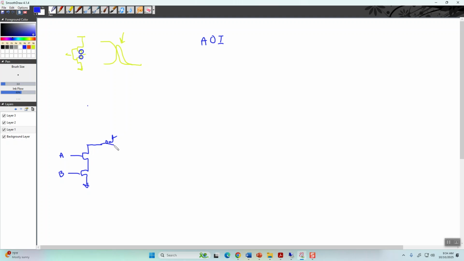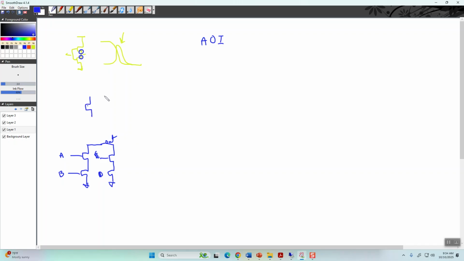But I can even get some logic done very efficiently. See here, where now if A and B are both on, or C and D are both on, it'll discharge. Now, that's great for the discharge, but how do we charge?